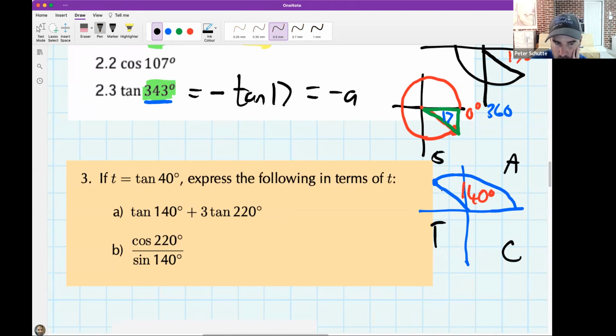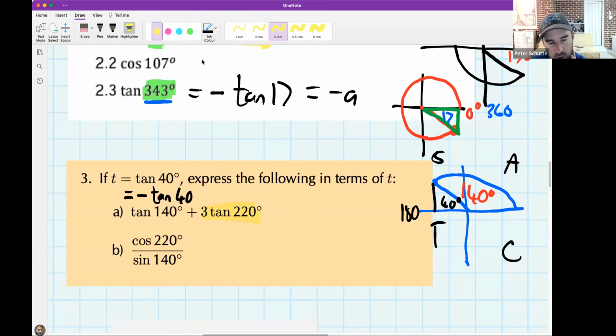In quadrant 2, tan is negative. So it's negative tan something. The next question is, how far is 140 from the nearest horizontal? Well, the nearest horizontal is 180. So the angle here is 40. And so this would be negative tan 40 on top there. But you've still got to deal with this part over here.